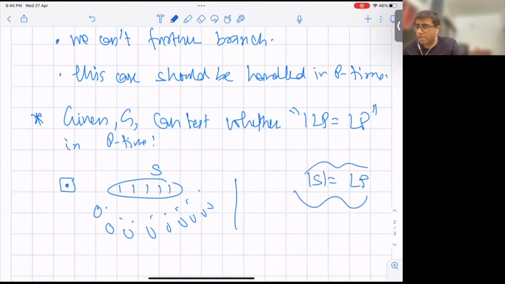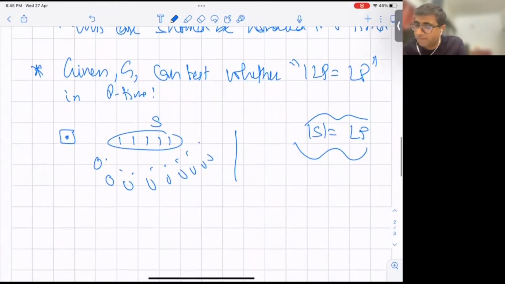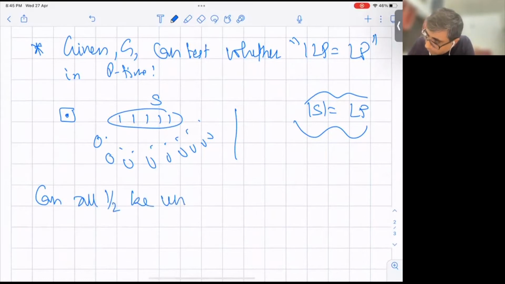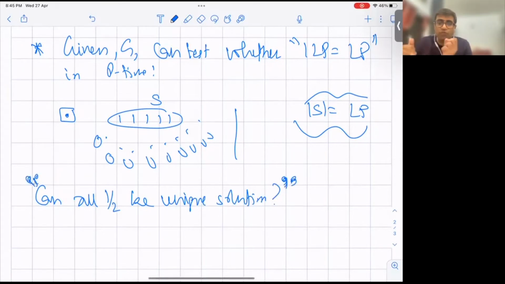So if this is the case, the way we designed our algorithm was fairly simple. Can all half be the unique solution here? Please tell me. Suppose we had an algorithm which, given a graph G, can test whether all half is a unique solution to its LP.